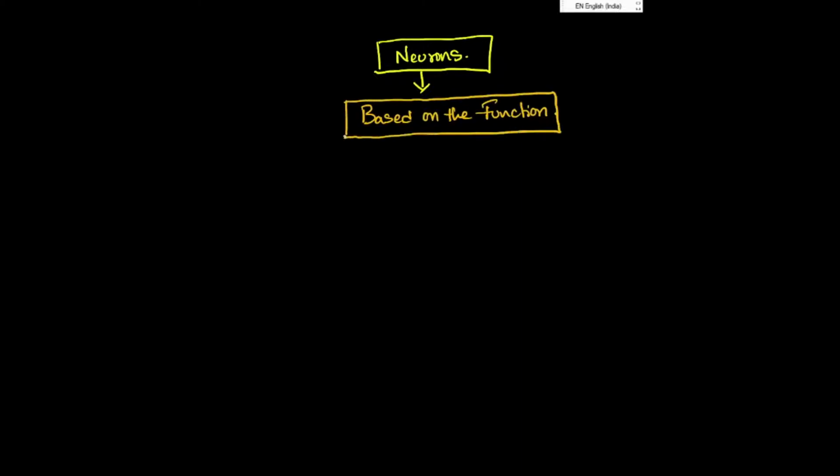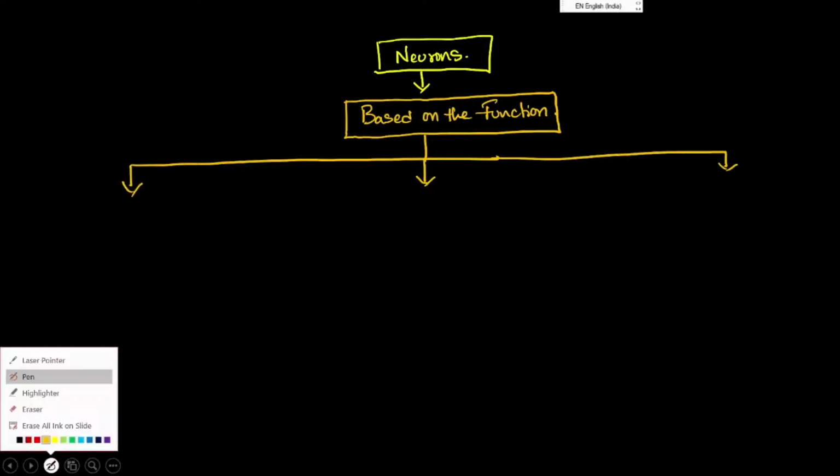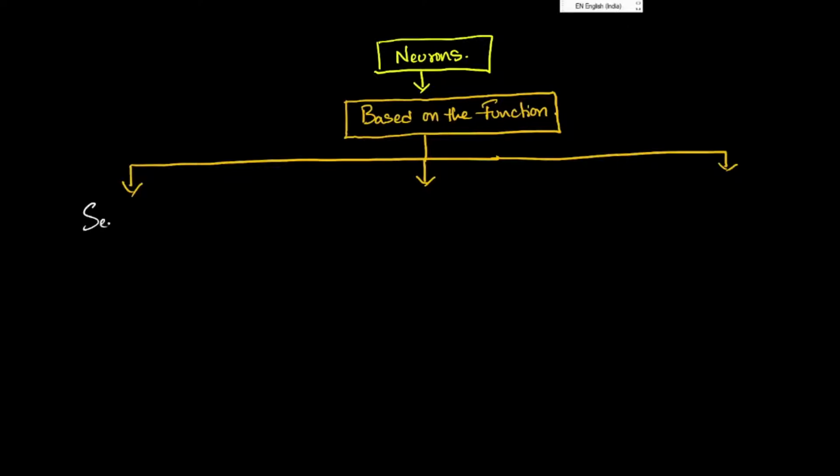Neurons, based on function, are categorized into three types: sensory neurons, motor neurons, and next one is mixed neurons.